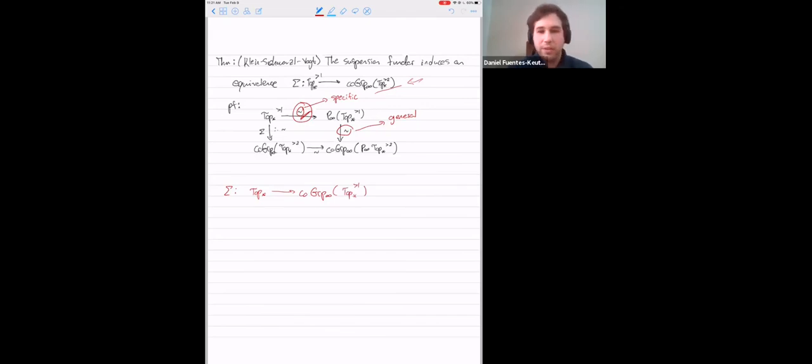If you tried to do this square argument again, you need to know how to relate topological spaces to the tower on topological spaces. And this in general is not an equivalence. I don't know what you can say about this.